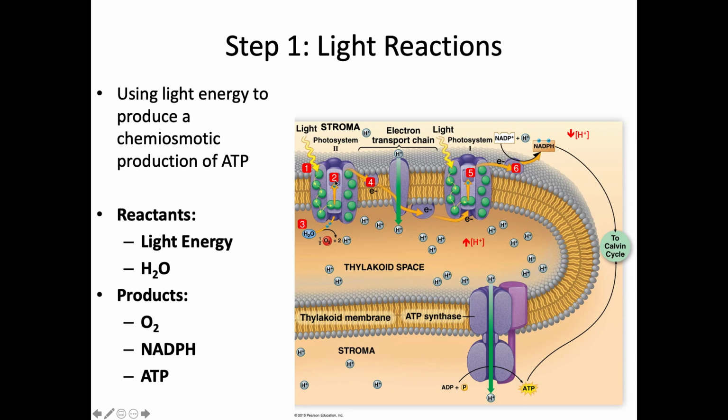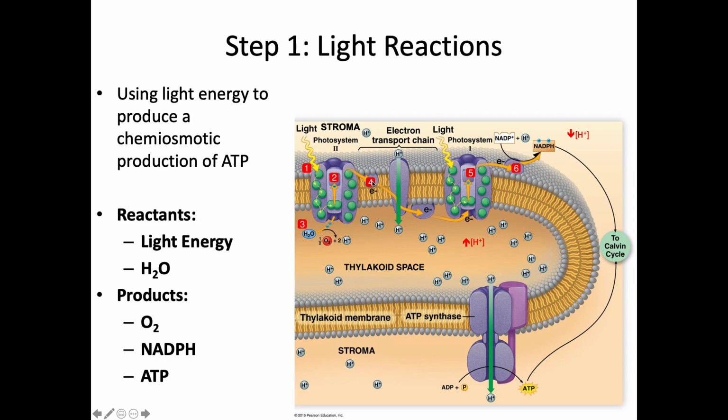So here, let's get back to where our electrons are currently. They have been donated to the primary electron acceptor. And then this primary electron acceptor passes these electrons to a short mini electron transport chain that's embedded in the thylakoid membrane, kind of just like cellular respiration. Here the electrons come to this mobile electron carrier.